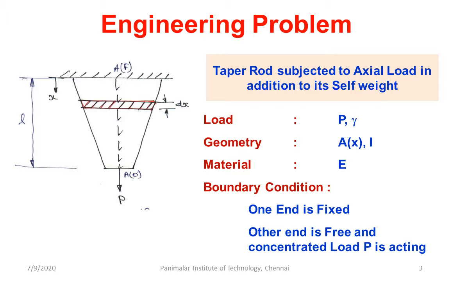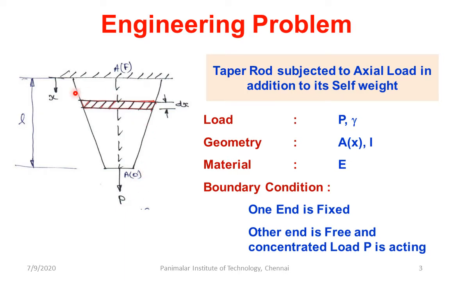Now coming to the taper rod example, this taper rod is fixed at the top end, and the other end is free, and at this free end we have a load P Newton acting. So this is called the boundary condition.